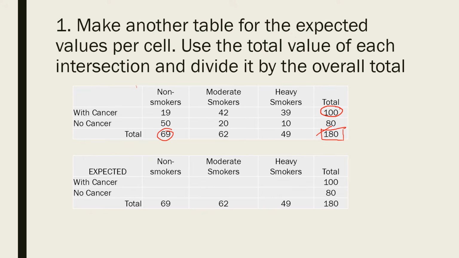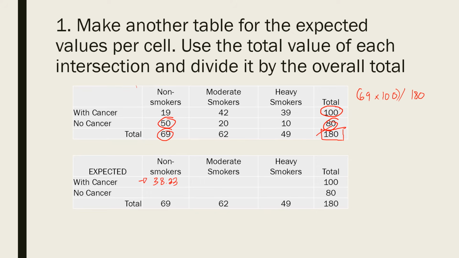So for instance, let's have our expected non-smokers with cancer. That would give us 69 times 100 divided by 180, and that would give us 38.33. Next is to compute for our no cancer.